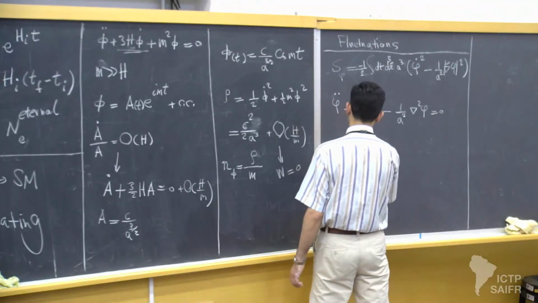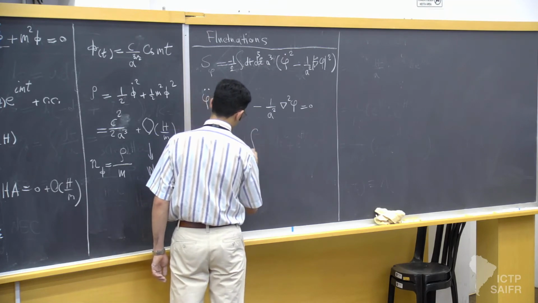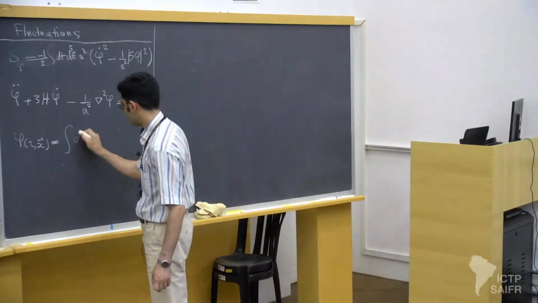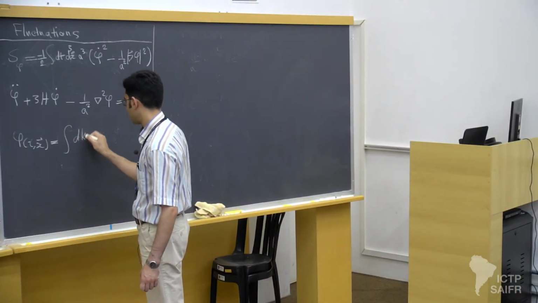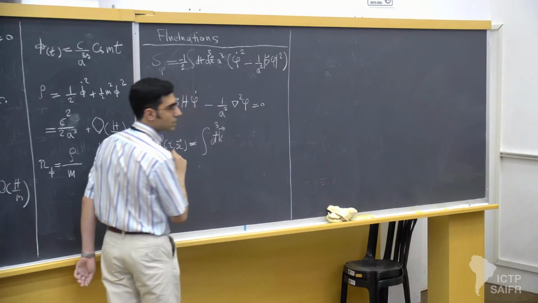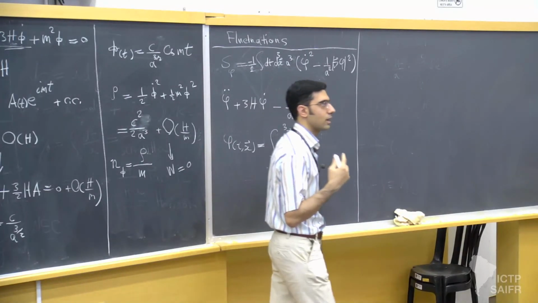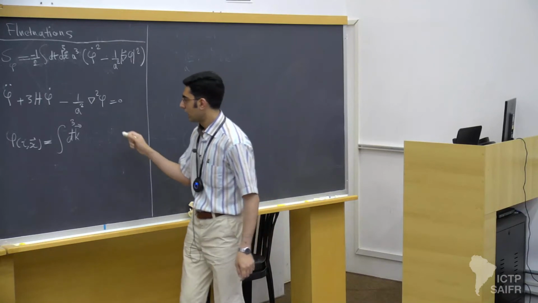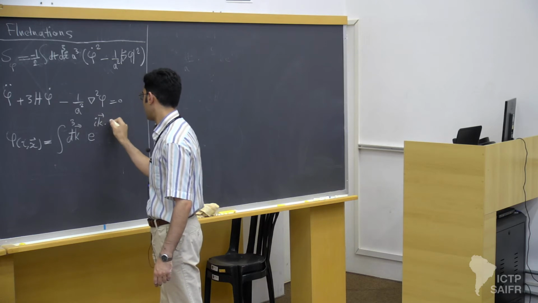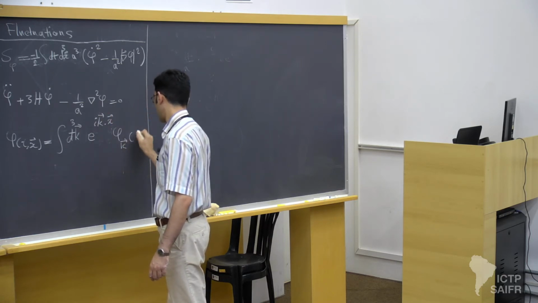So that's what I'm going to do. I write phi of t and x by doing a Fourier transform. I write it as d3k, and I put this bar here, which means dividing by 2 pi cubed. This bar is the same bar that you have in h bar, for instance, times e to the i k dot x phi k of t.